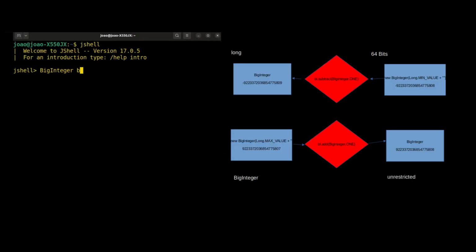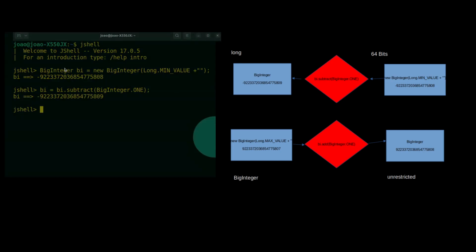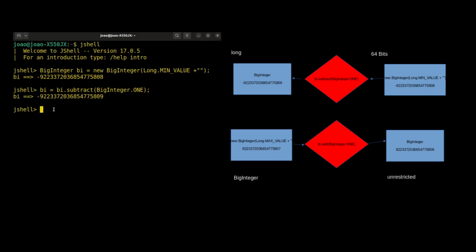In the following section where I typed the code, and I'm showing it with a little sketch, I used a new BigInteger, and I created a BigInteger with a Long.MIN_VALUE, and then I subtracted using BigInteger's ONE constant, and as you can see, the BigInteger did not underflow or overflow.